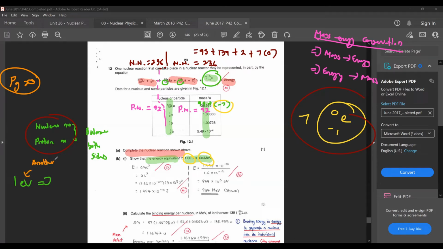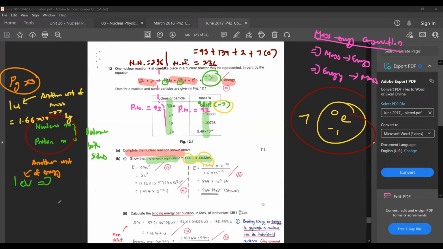Okay. eV is another unit of energy. Just like I mentioned to you earlier in the lesson, 1U is actually another unit of mass, whose value is 1.66 times 10 power minus 27 kg, right?